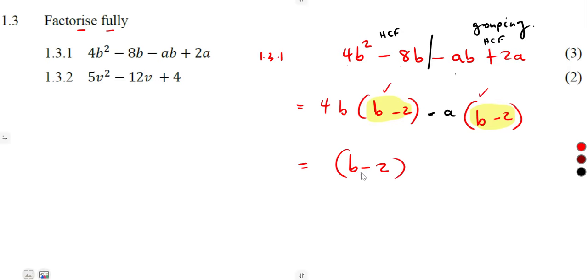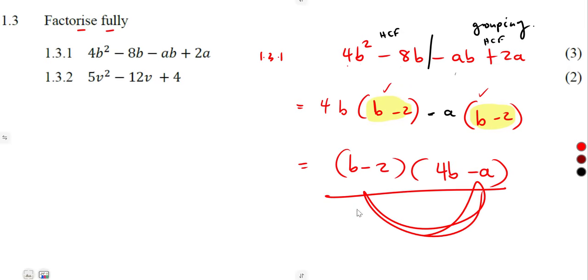If we factor this one out, we are going to remain here with b minus a. So this is what you're going to have at the end. Any bracket can start. You can start with any bracket in your presentation. All right, any bracket can be used.